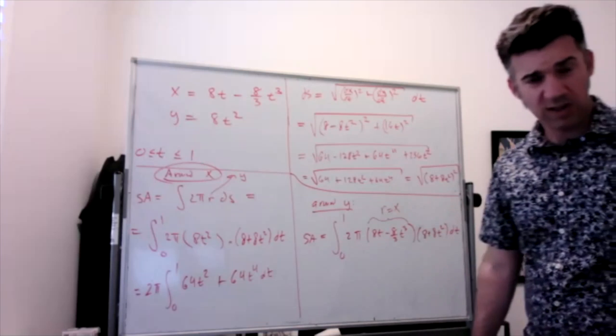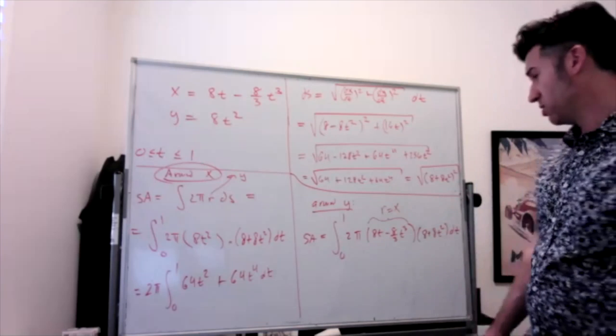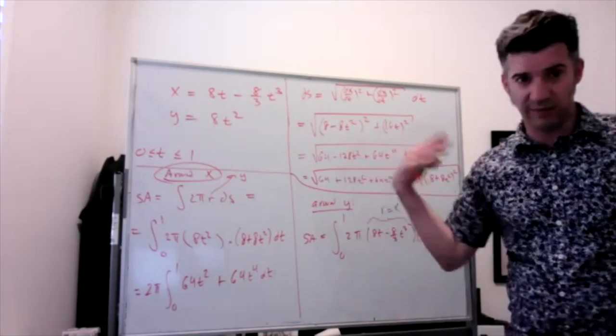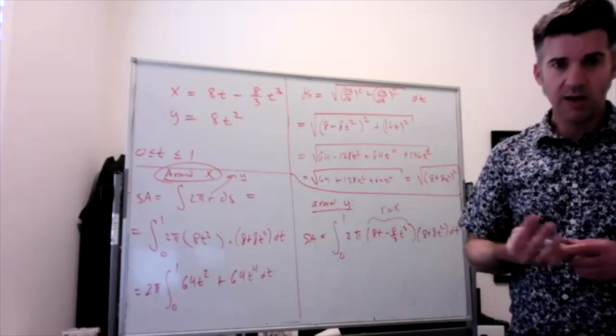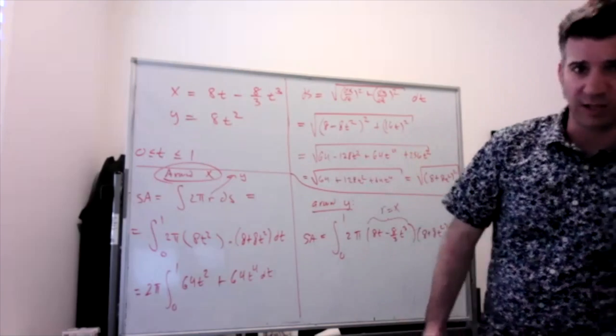It's a little bit worse, but not terribly. You're still just multiplying this out and then anti-differentiating and plugging in 0 and 1. The numbers might not be very nice, but they're not particularly terrible here.